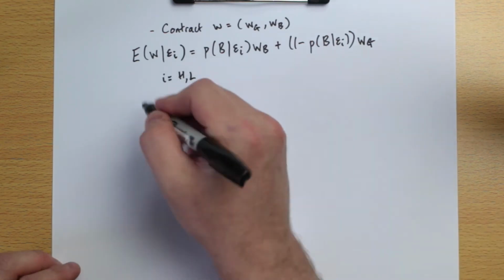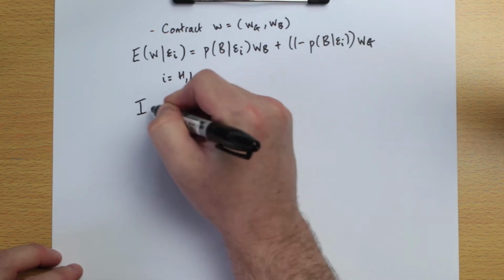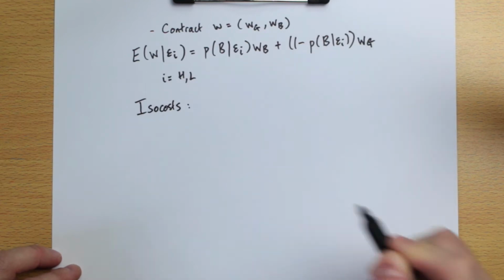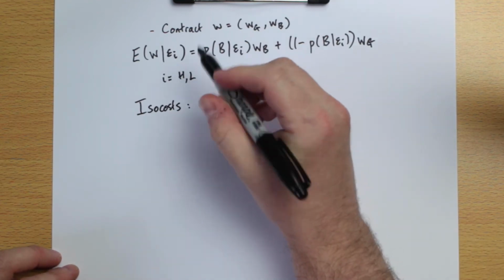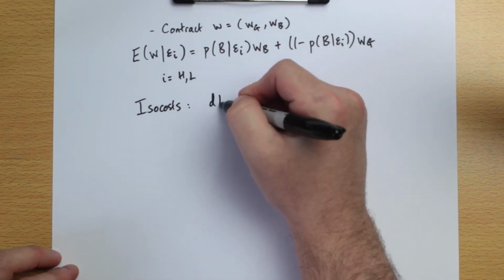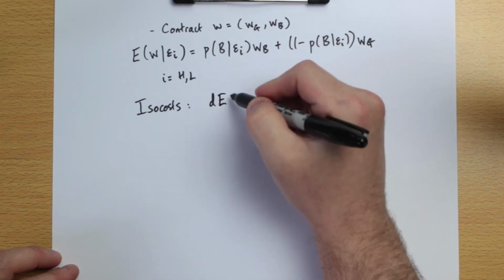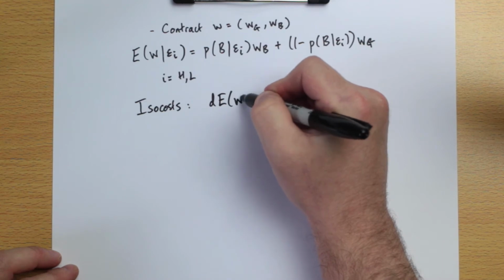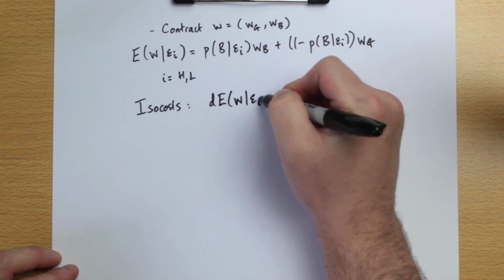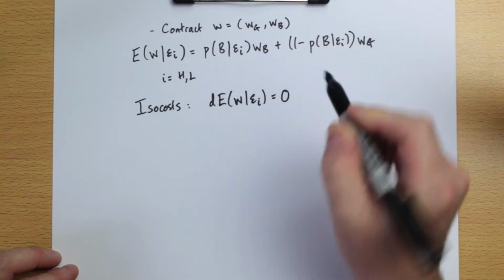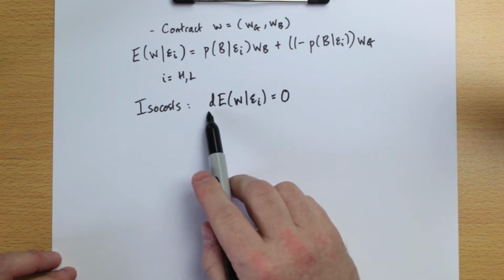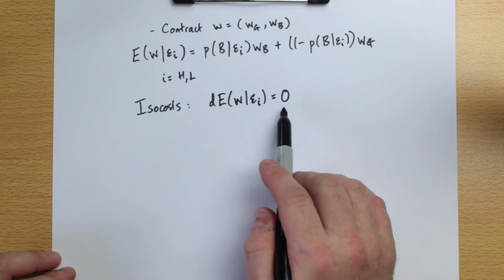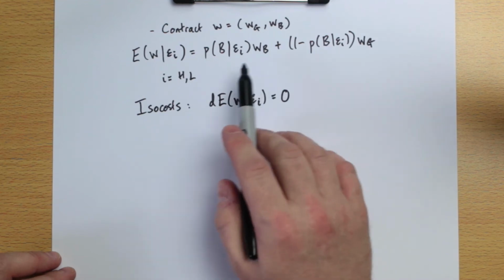Okay, so when we represent these graphically, we use isocosts. And if we remember, the condition for an isocost was essentially that the expected cost of the contract conditional on the level of effort is not changing. So I could write the differential, the change in this expected cost, as 0. And how does this cost change?